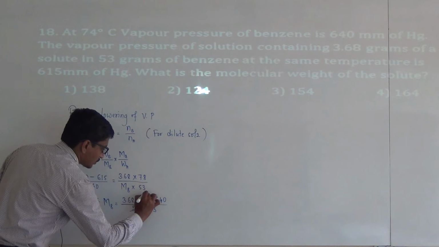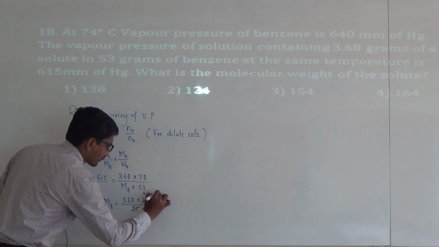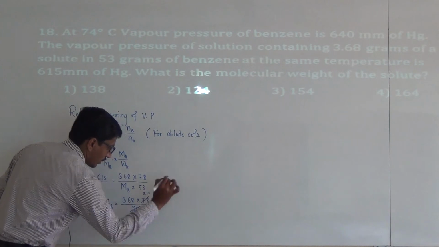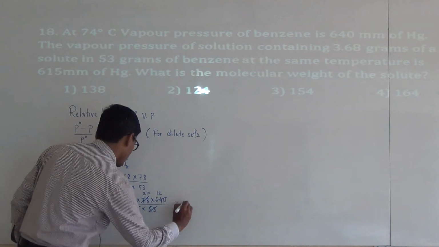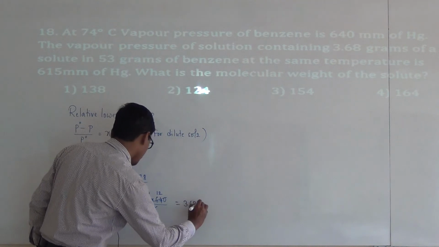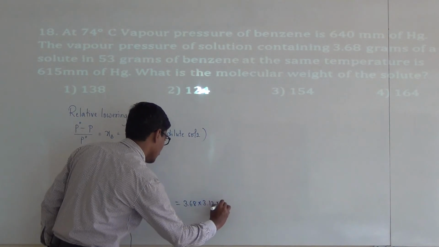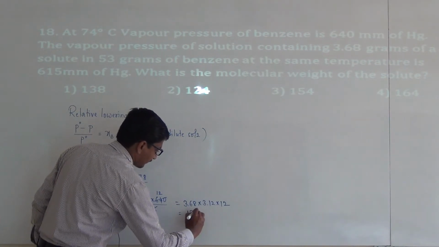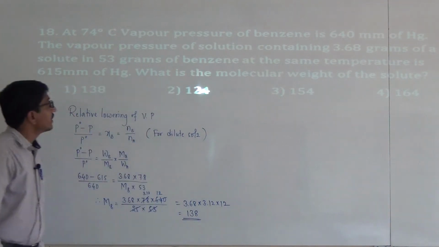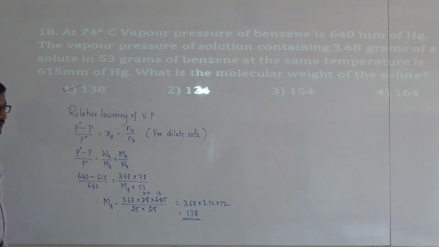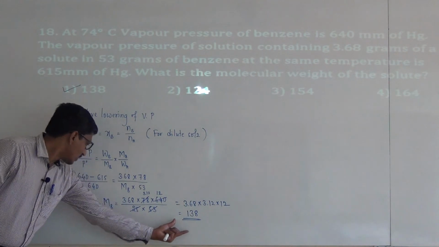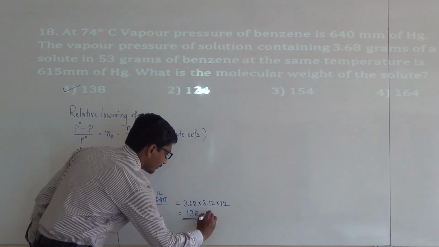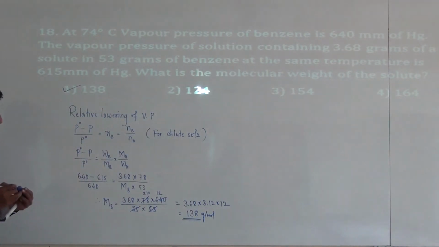This is almost 3.12 and this is 12. Therefore MB is 3.68 into 3.12 into 12, which is almost 138. The answer is the first option, and the unit is gram per mole. The molar mass of the non-volatile solute is 138 and the first option is the right answer.